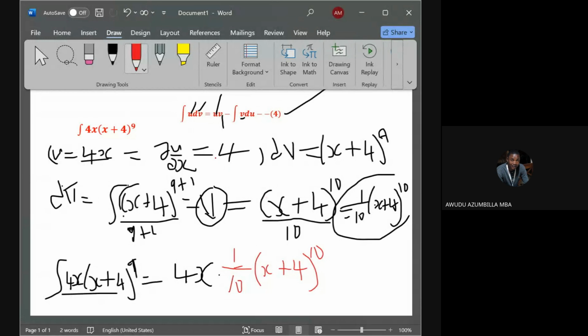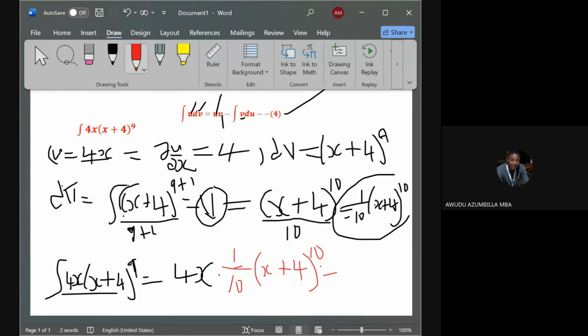Okay. And this one, we are going to subtract from this, by integrating the whole of the function v du. So let's do the subtraction first.